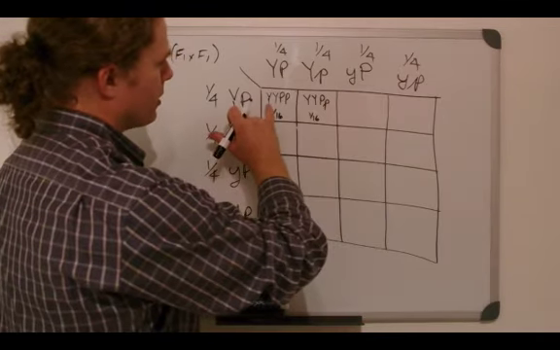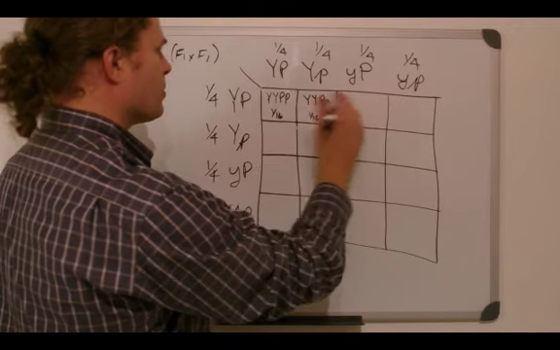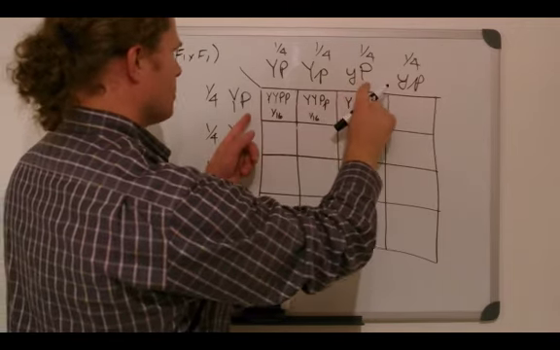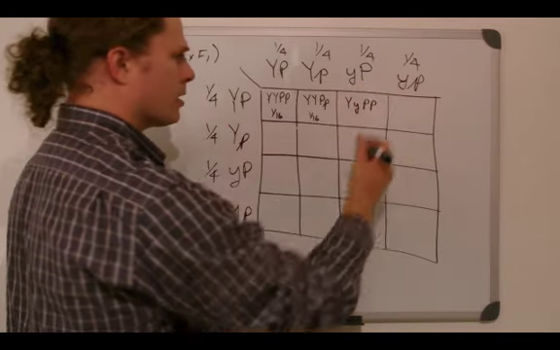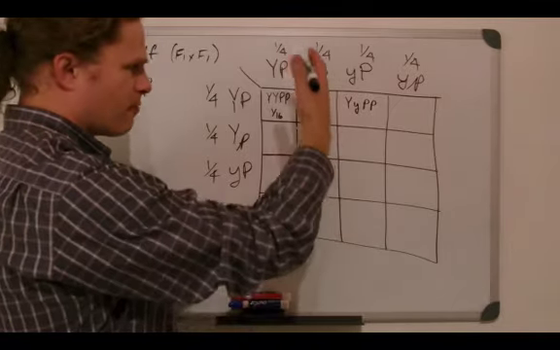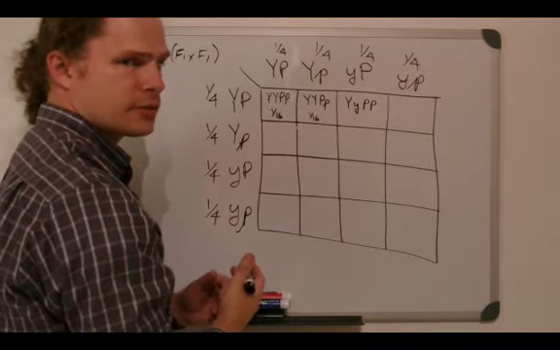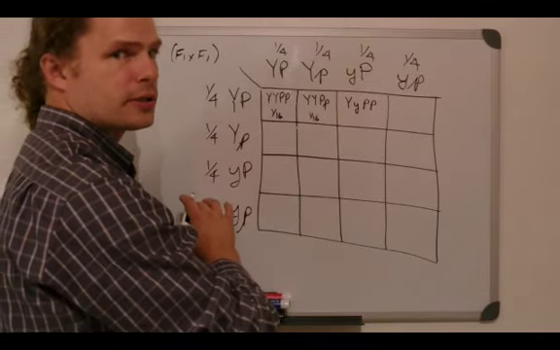This one, for example, will have yellow seeds and purple flowers, as will this one. This one here will also have yellow seeds and purple flowers. And so on. So what I'll do is I'll go ahead and fill out this entire Punnett square, and then we'll come back and look at the different ratios that we'll see. And we'll see it's the same as the ones that we worked out using probabilities in the previous segment.